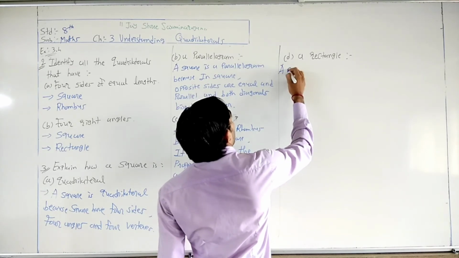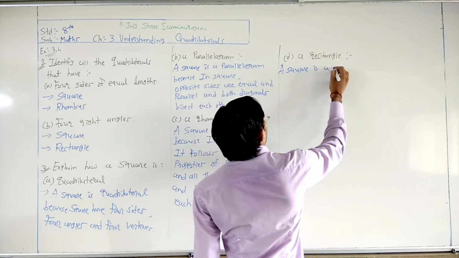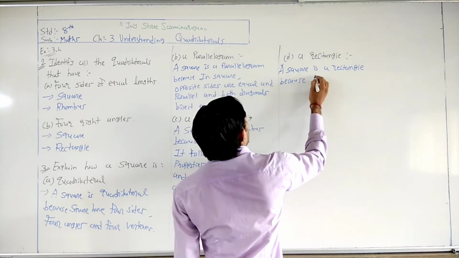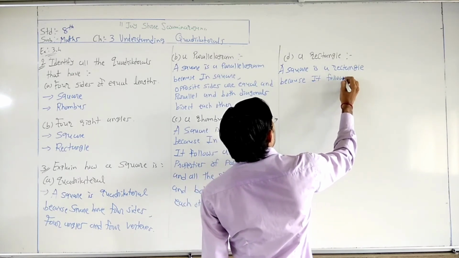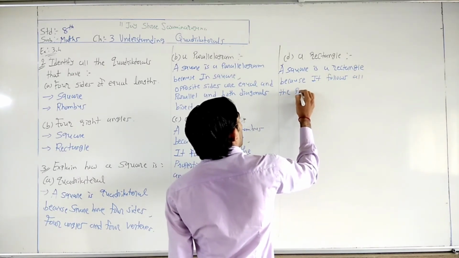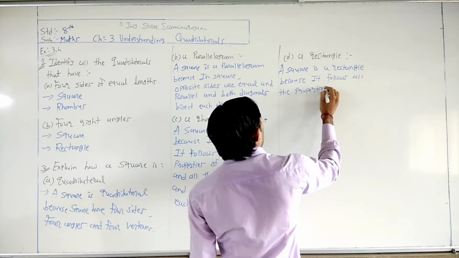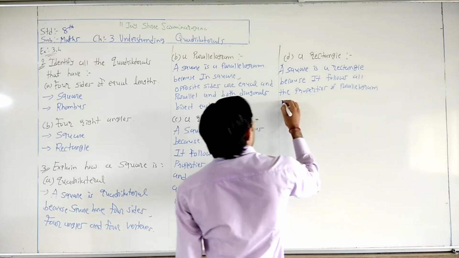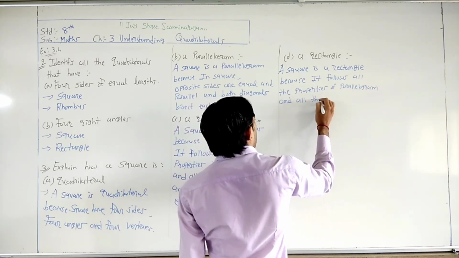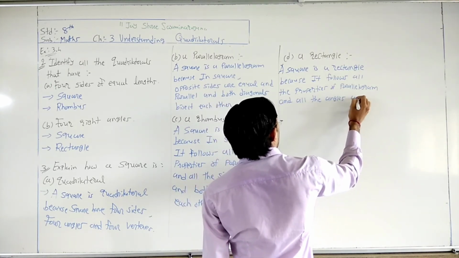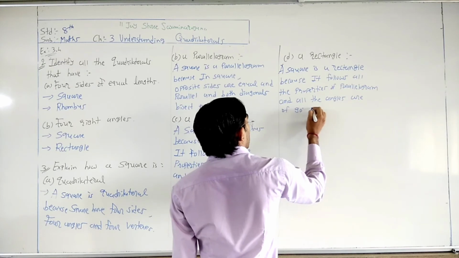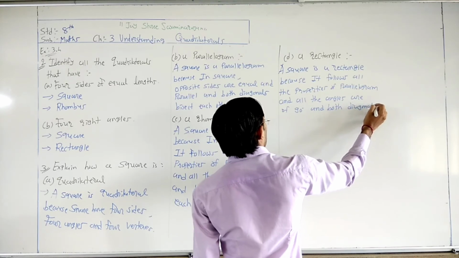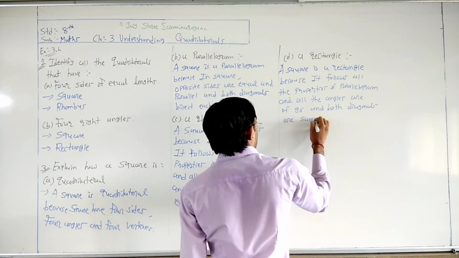So here, a square is a rectangle because it follows all the properties of a parallelogram, all the angles are 90 degrees and both diagonals are the same.